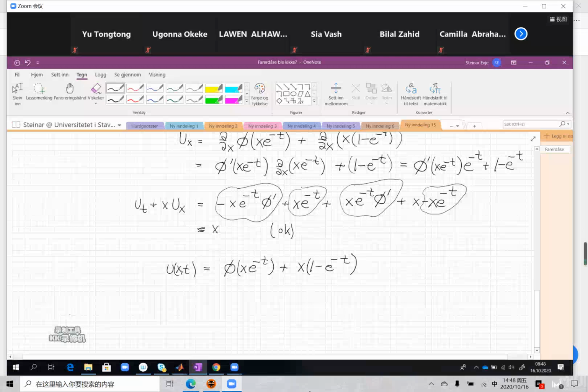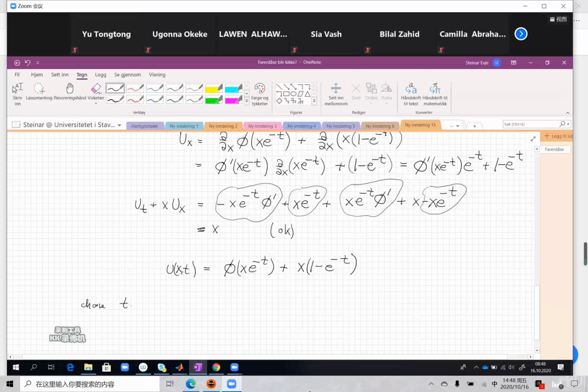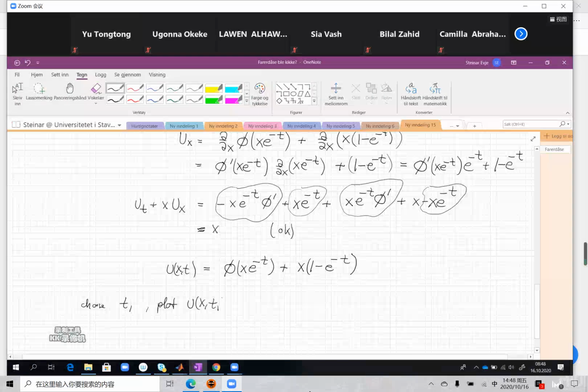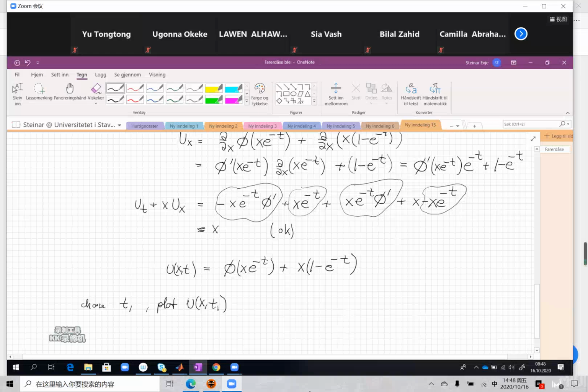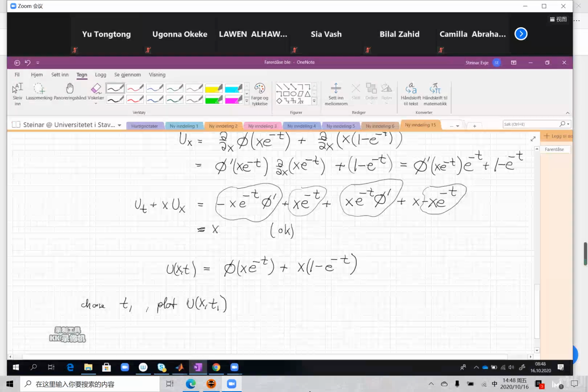So we choose t1, for instance, a specified time, and plot u(x,t1) for this fixed time. And please note that this will be a plot of u as a function of x.